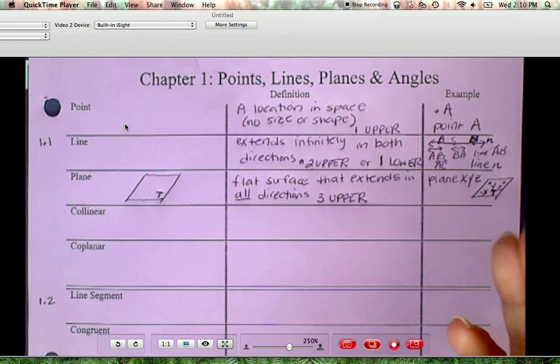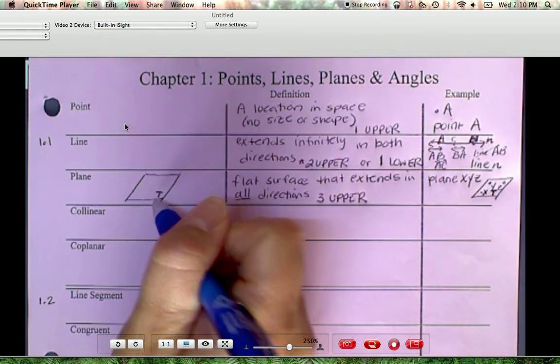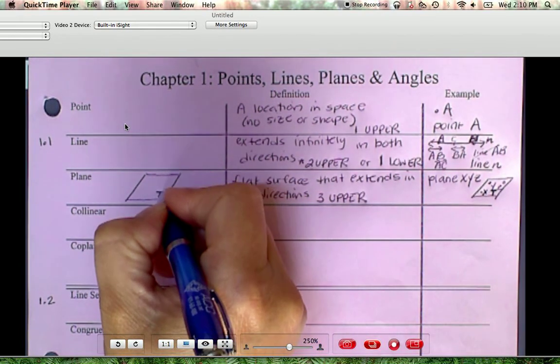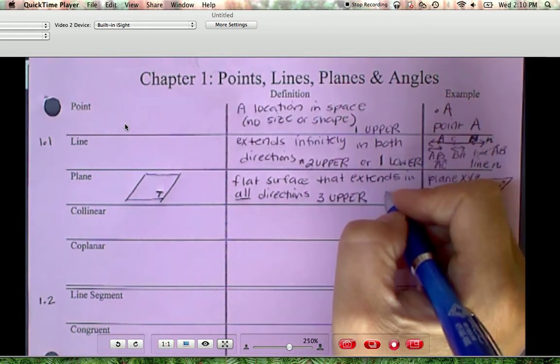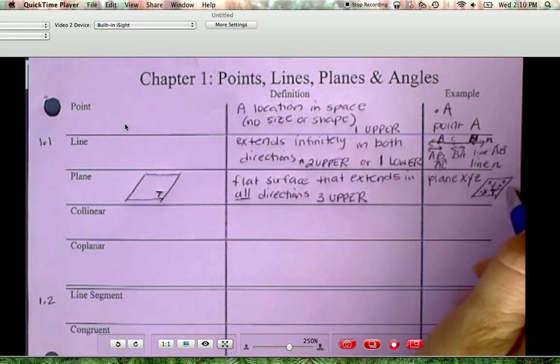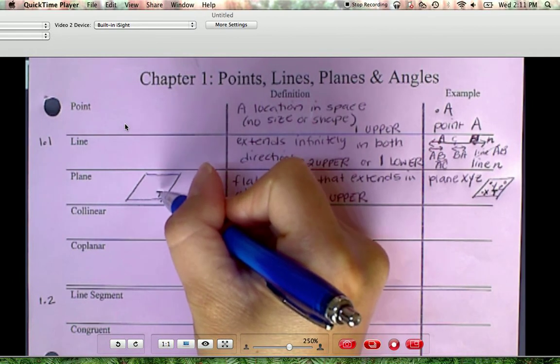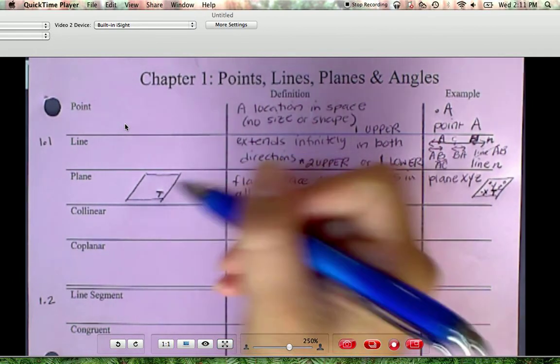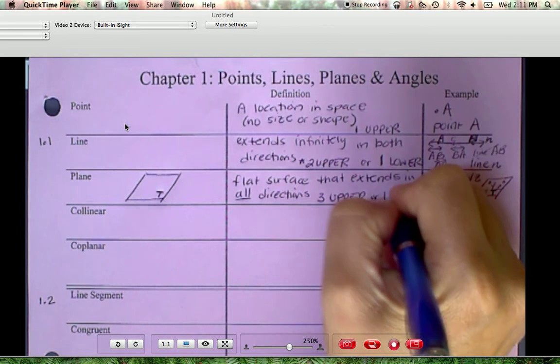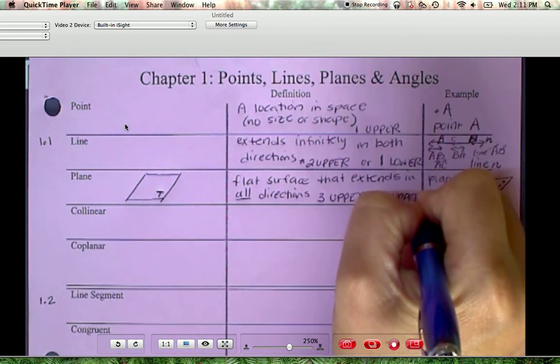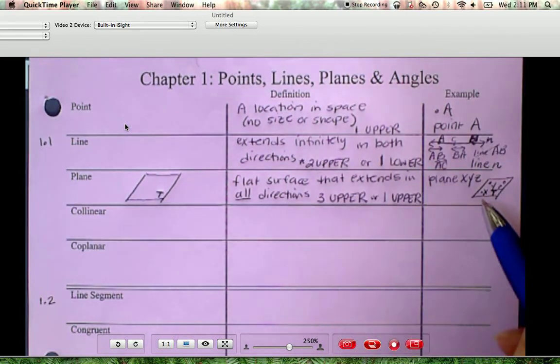If it's in a book, it's a script T, but I'm just going to give you an uppercase T for now. So it's either 3 upper, which are the 3 points, or you can name it by that one uppercase letter that's floating in the corner that's not next to a point, or 1 upper. Okay? So you have a couple options there.